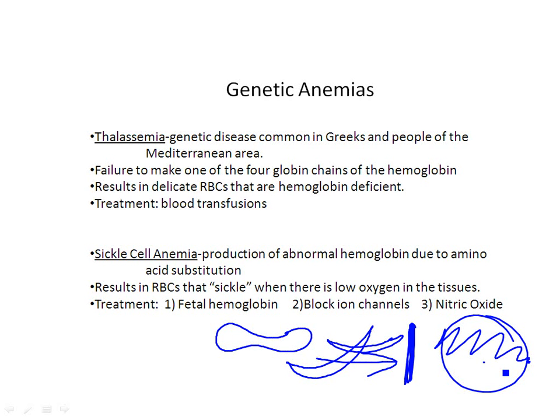You can also block the ion channels in the red blood cell membrane. If you do that, then the ions are not going to flow out, and that red blood cell is going to stay nice and plump, because if you have an ion inside the red blood cell membrane, it's going to take water with it. So that red blood cell stays nice and fat and plump, and that keeps it from sickling. That kind of prevents the problem.